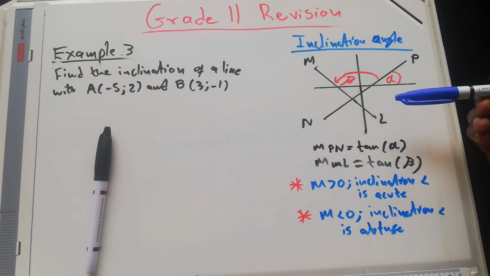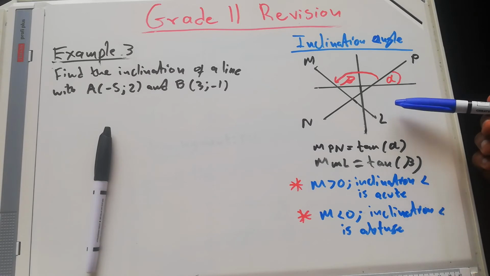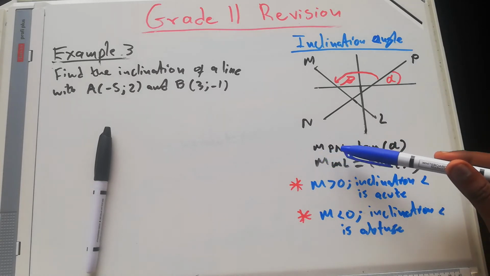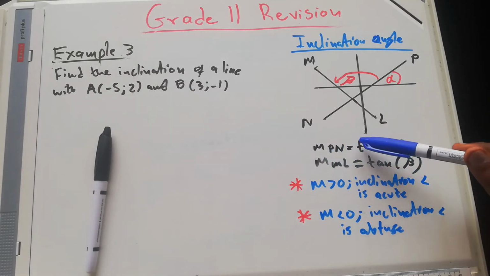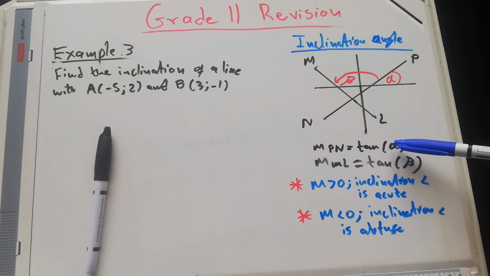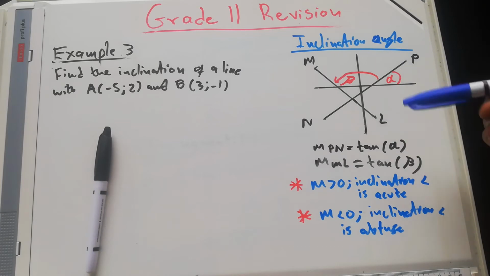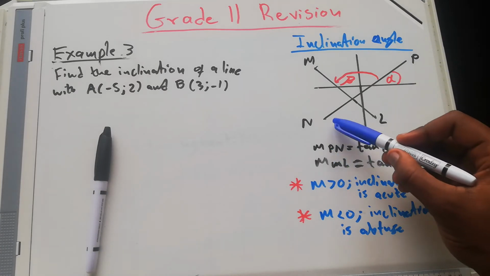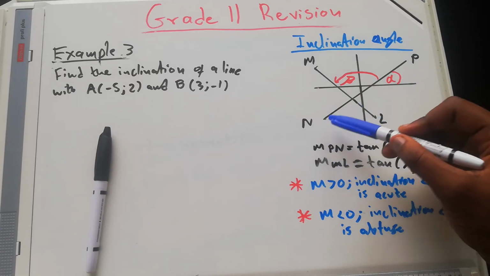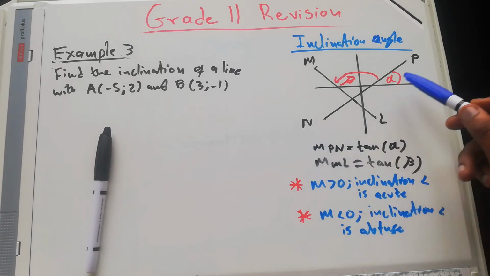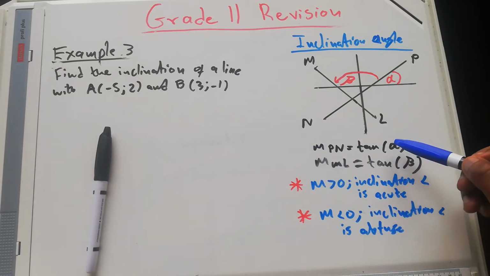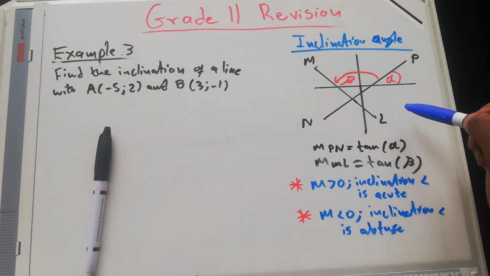The equation for calculating that inclination angle is this: the gradient of the line equals tan theta. That theta would be our inclination angle.